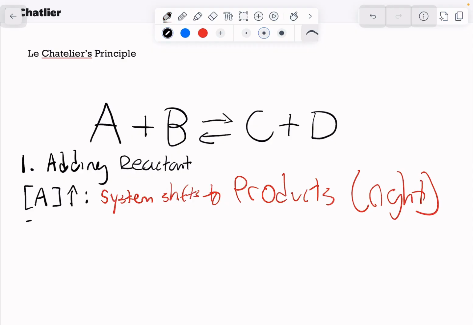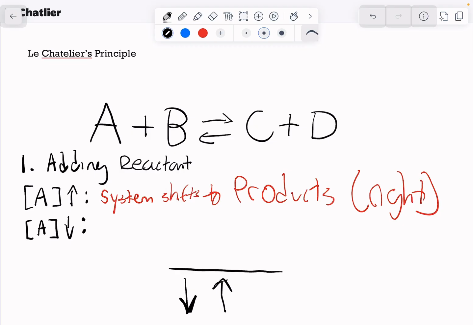Now, what if we decrease the reactants? Well, it's the same concept. We have the bar. Think about the bar. If we decrease A, Le Chatelier's principle wants to sort of reset the bar back to its equilibrium state.